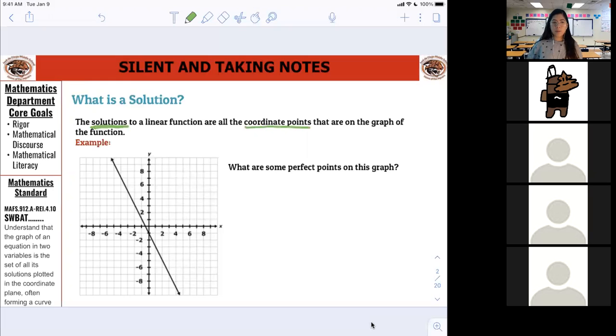So every single perfect point, and not even perfect point, just every single point on that line is part of the solution of that function. I'll give you guys about 30 seconds to write down the definition, and then we'll get started with this little problem I have here.